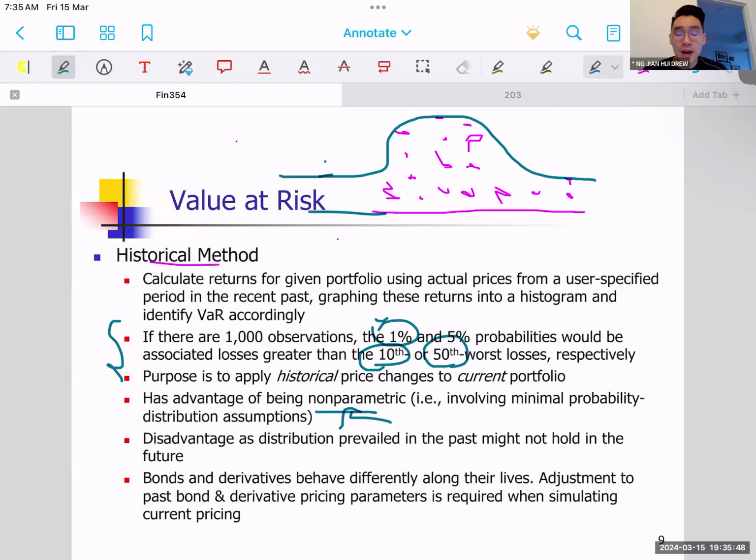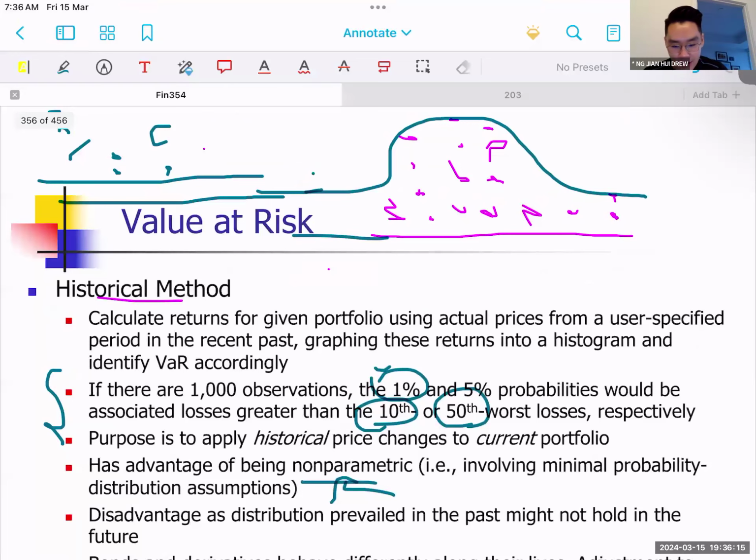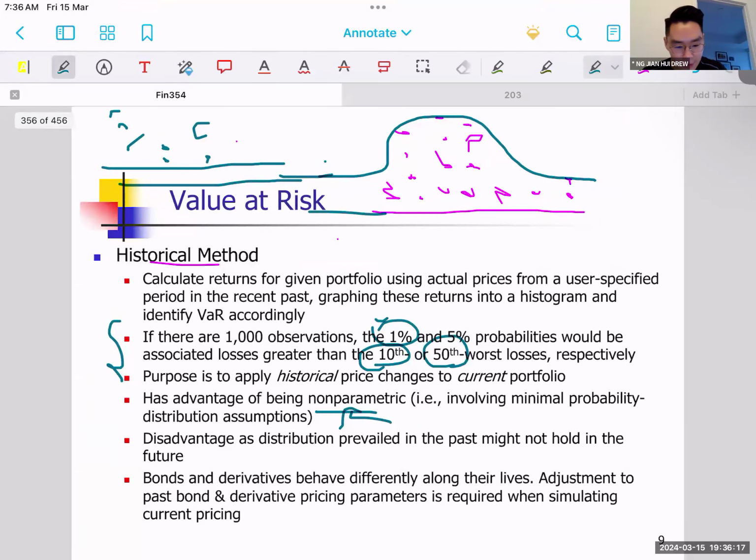A non-parametric method is that rather than assuming a normal distribution, we let the data create a distribution for you, right? So for example, you plot all the data points like this. Sorry, it's a bit difficult to view the points.